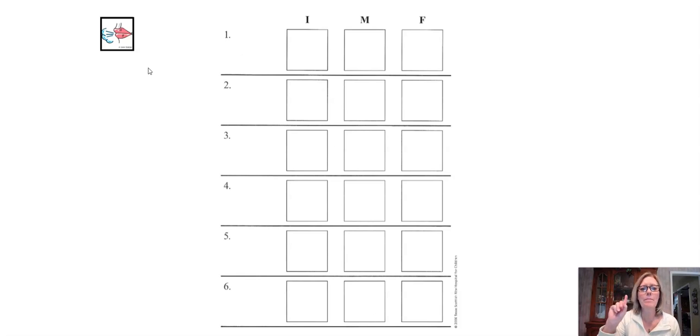Unblend. P, it. Where did you hear that sound? In the initial, medial, or final position? P. Pit. It was in the initial position. Good.